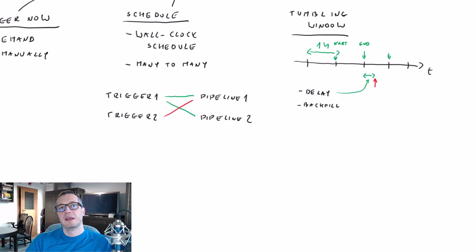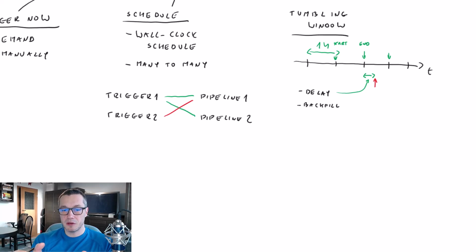So let's say that we have data in the source that we would like to process, but this data is already stored there, and we would like to reuse the same logic that we'll use to process the future data.